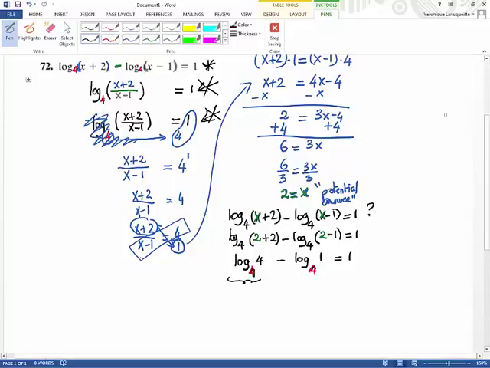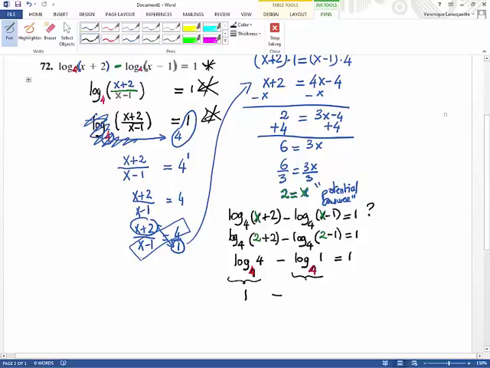Log base 4 of 4, I'm asking you which power should I put on the red base 4 in order to get the number 4, which is located inside the log. So which power of the red 4 would give me the 4 inside the log? It's power 1. 4 to the first is 4. So this log is worth a 1.